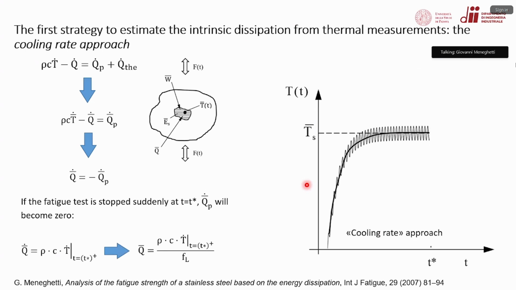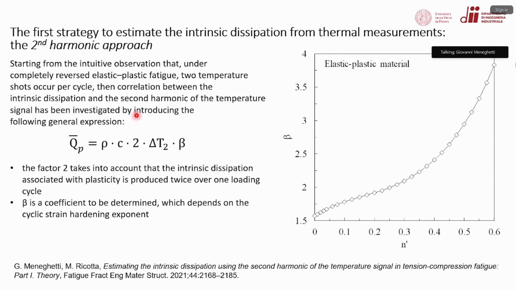The second strategy is very simple, and we can start from this intuitive observation. If you think to an elastic plastic fatigue experiment with tension and compression strains, so with a stress ratio of -1, you have two temperature shots per cycle.